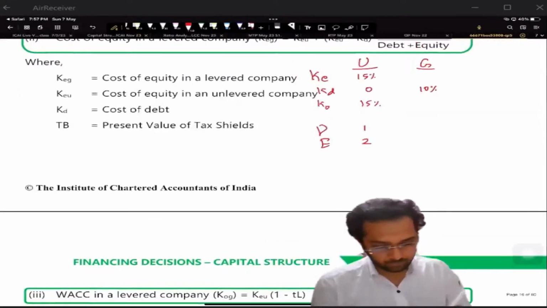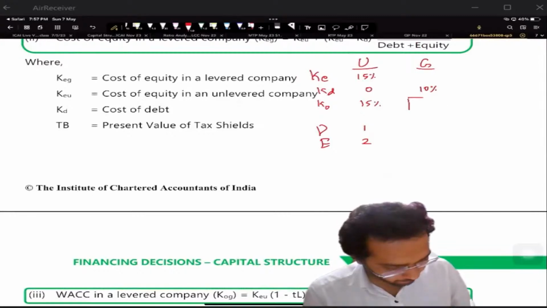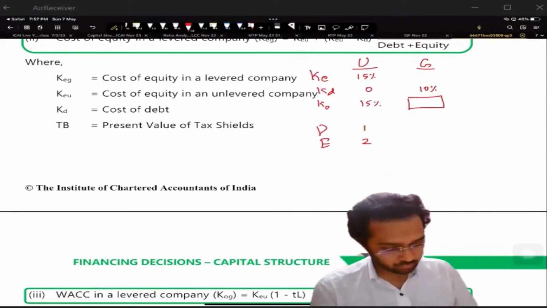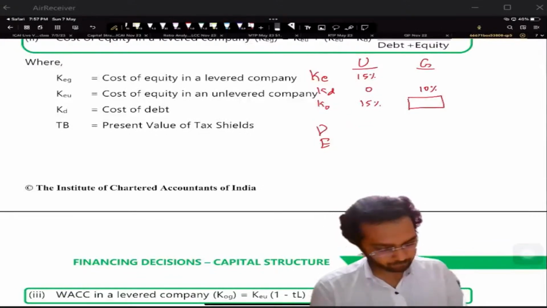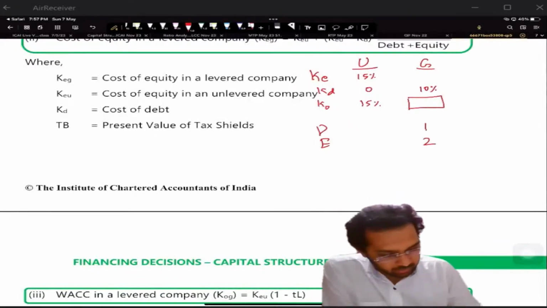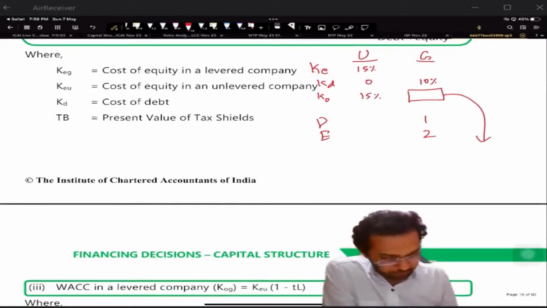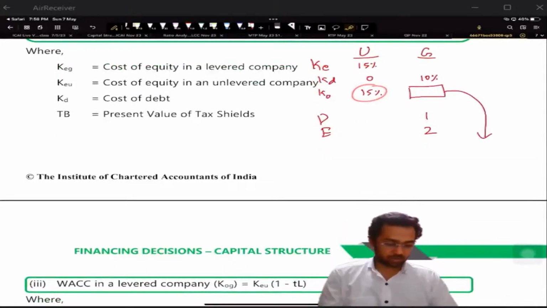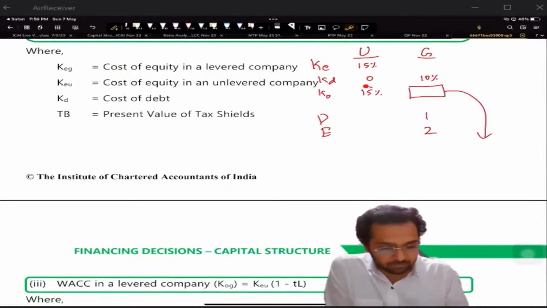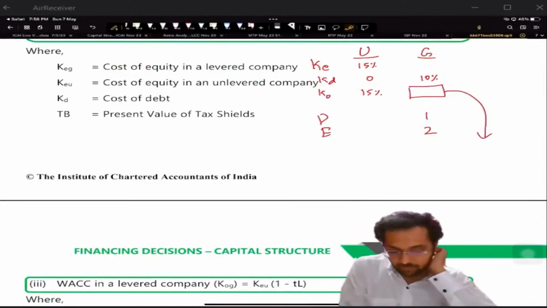So first up, I can get this KO by simply looking at the ungeared company KO. The ungeared company KO is 15%.